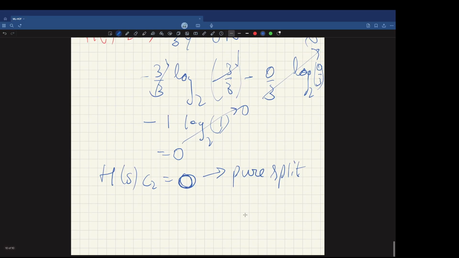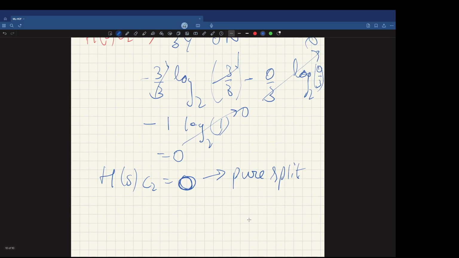So this is how you can decide whether a split is a pure split or an impure split. Any doubt till here, guys? You can conclude one thing from this: entropy ranges from 0 to 1.